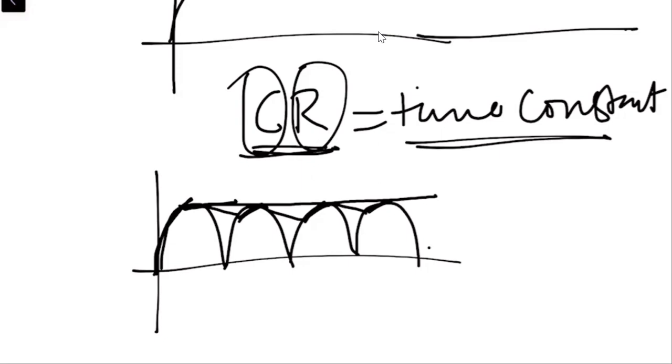So go through these examples, 2.16 and 2.17, as well as 2.1 to 2.9, right? They are going to give you a fair idea of what we have discussed today. Any question? That's it from my side today.